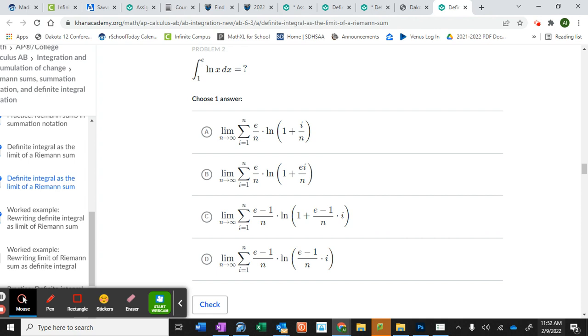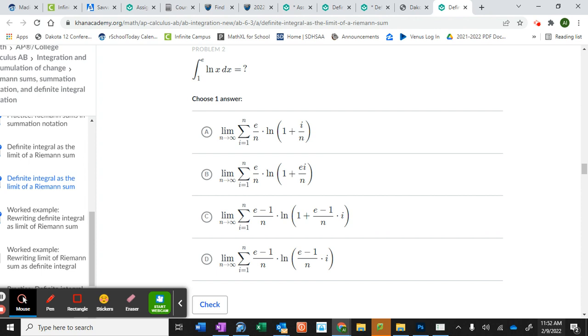So I want this somewhat times this, and this will have an ln in front of it. ln of x dx.